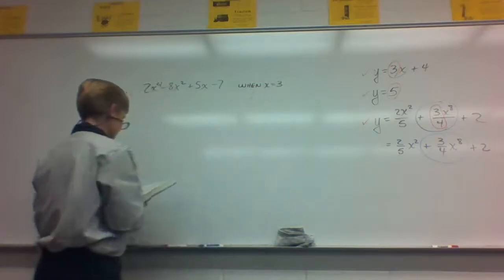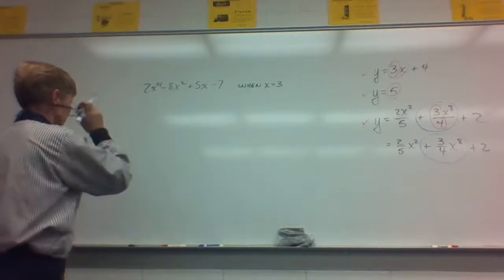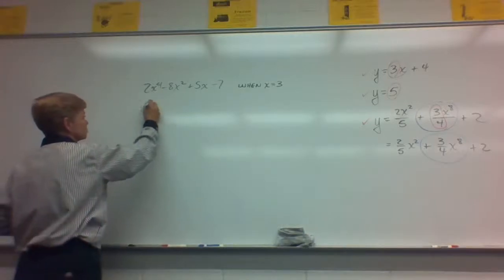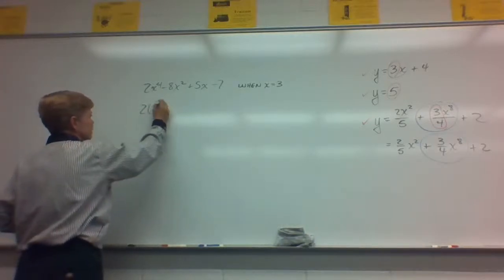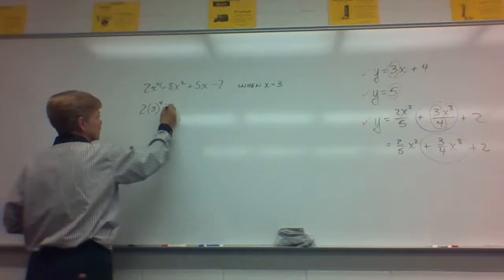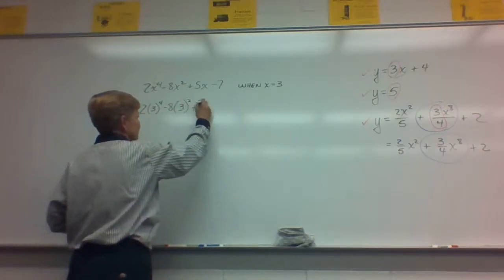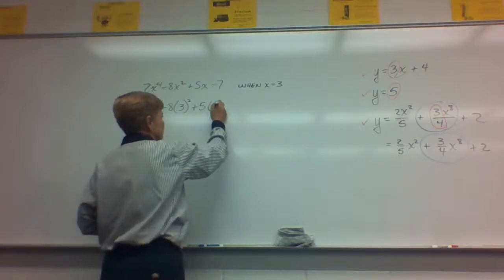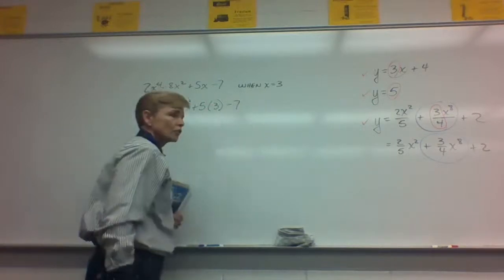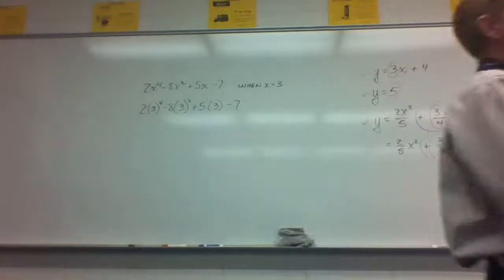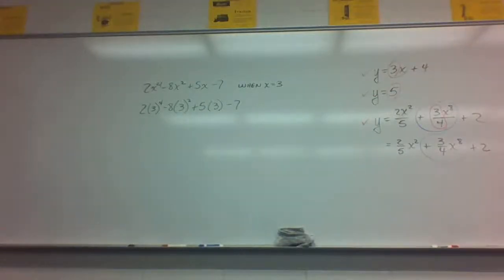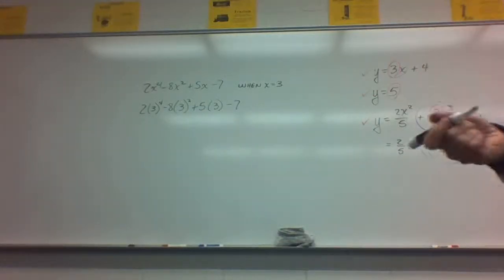You are going to write this on your paper, and especially on your test paper for full credit. You're going to write 2(3)^4 minus 8(3)^2 plus 5(3) minus 7. And then you can grab your calculator. Because if you screw it up by typing it wrong in your calculator, I can at least see that you knew what you wanted the thing to accomplish.